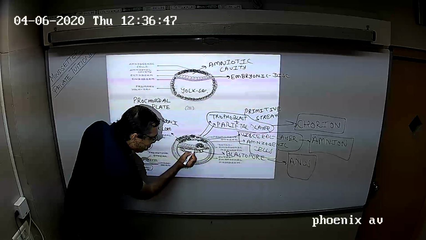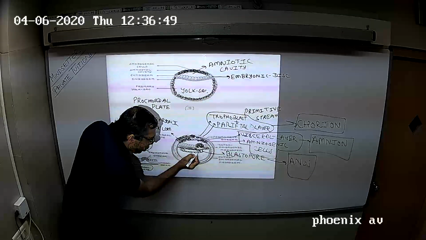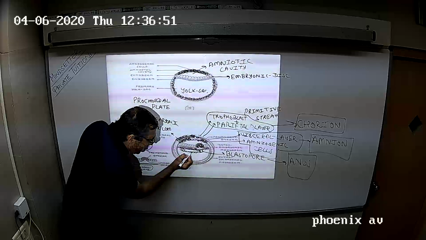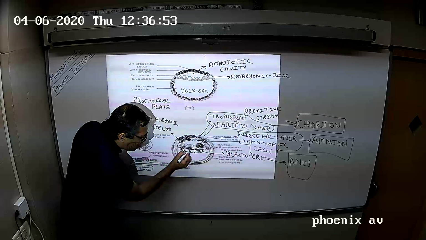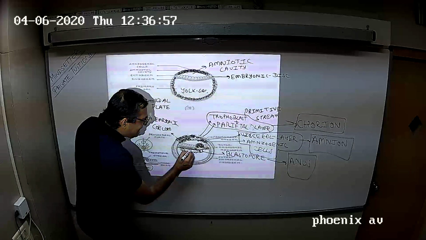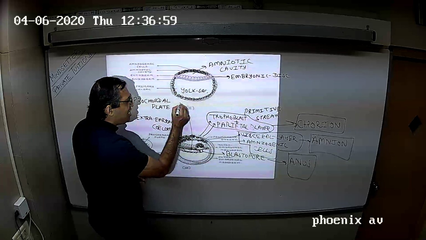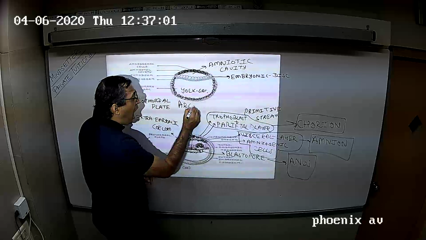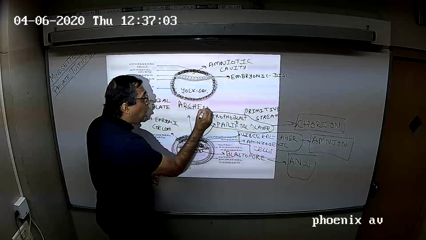blastopore, and ये है endoderm cells, ये है endoderm cells, and उनके बीच में एक cavity बन जाती है. This cavity is called the archenteron.